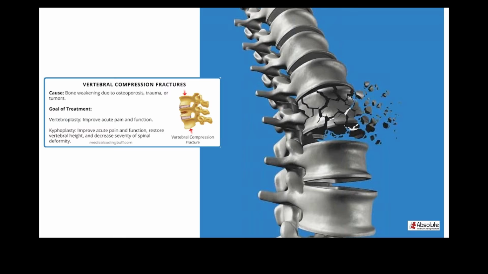In a vertebroplasty, it is done to improve the acute pain and function, while a kyphoplasty is done to improve the acute pain and function as well as to restore the vertebral height and decrease the severity of spinal deformity. So you will see how it helps in the next slide.